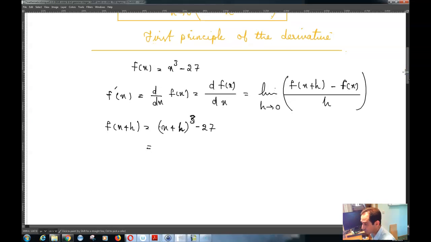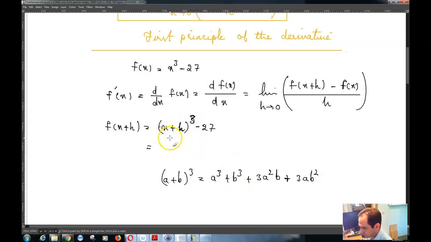So a plus b whole cube is equal to a cube plus b cube plus 3a squared b plus 3ab squared.